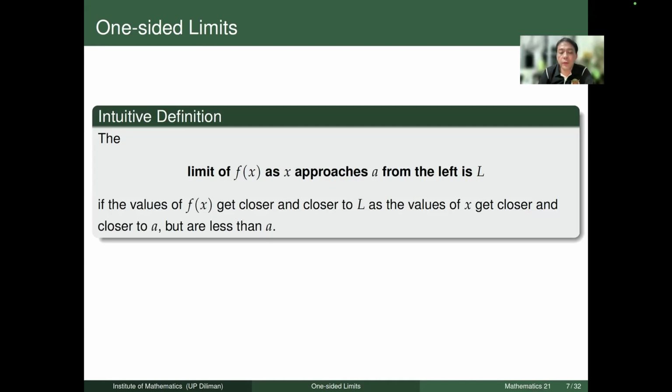If there is a number that f of x approaches as x approaches a from the left, then that is the limit from the left. Okay, so the limit of f of x as x approaches a, and our notation is the superscript here is a minus. That is not a negative power, class. It's just a symbol, a notation to indicate that our x is less than a. Okay?